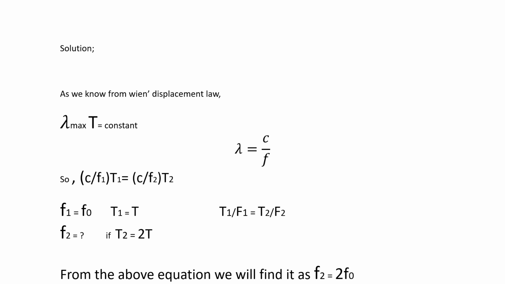Here we were given that F1 equals F0, T1 equals T, and T2 equals 2T. By putting all these values in the above equation, we get that F2 equals 2F0. So our answer is the frequency 2F0.